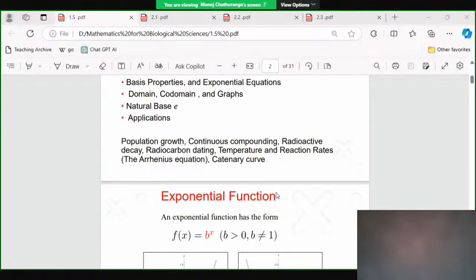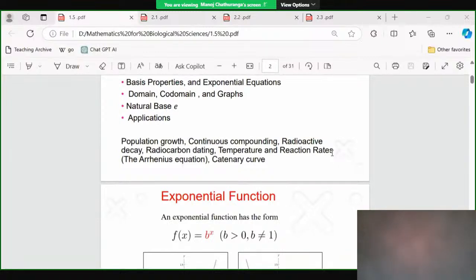Exponential functions are very important, especially in life sciences, because of population growth, not only human population, but also growth of a bacteria colony, maybe growth of an ant colony, anything like growth of any population, unless there is an external factor affecting the growth. Usually, population, at least at the beginning, is exponential.